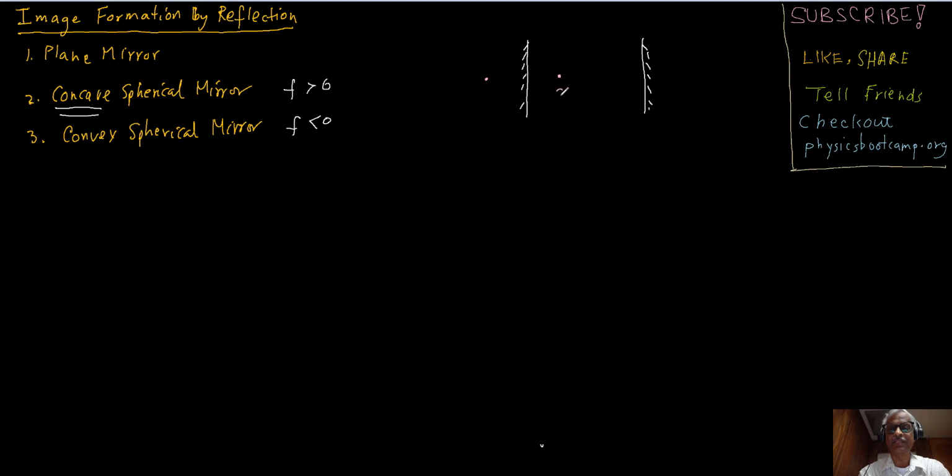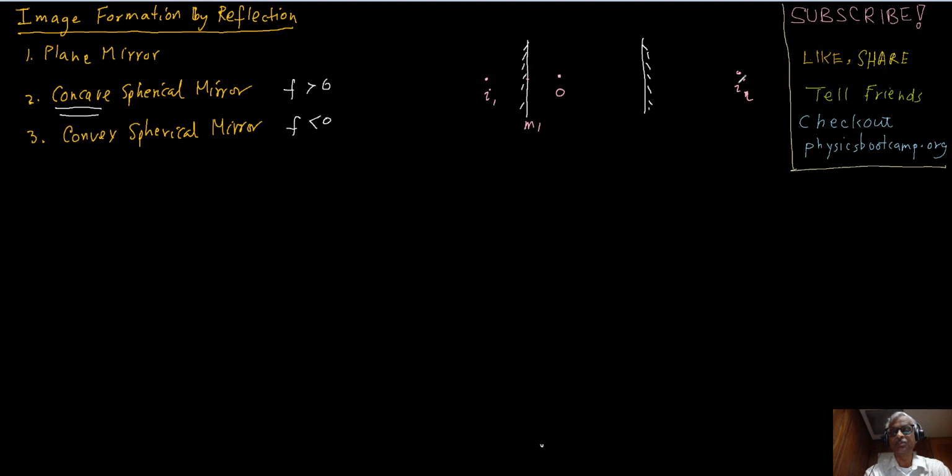So this is, say, O, the original object, and the image in mirror 1, and then there will be another one, the image in mirror 2.